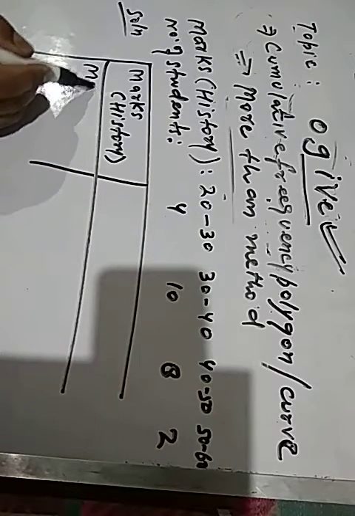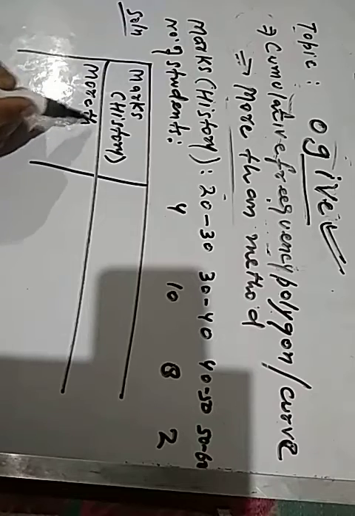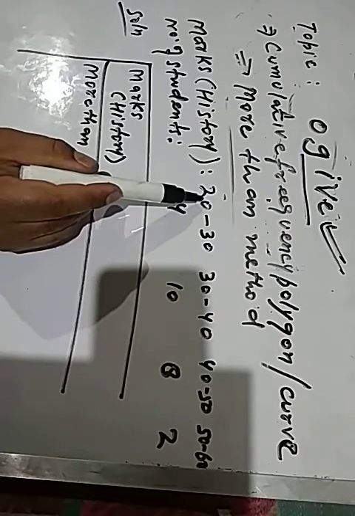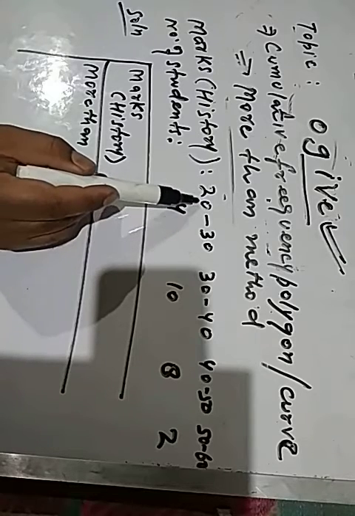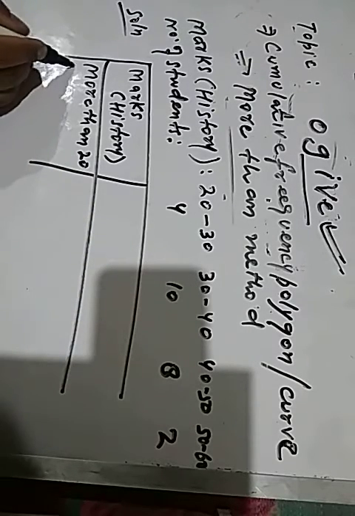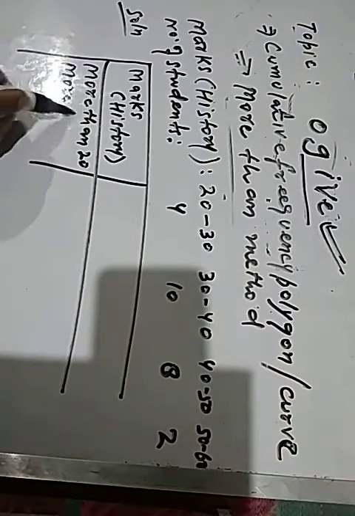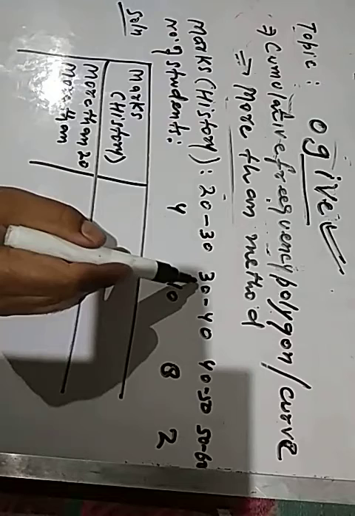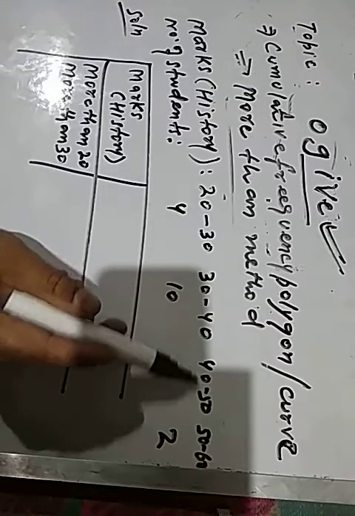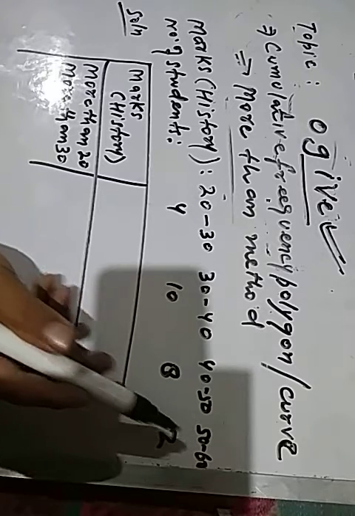Therefore, we have to write more than the lower limit, because their marks lie between 20 to 30, means more than 20, less than 30. More than 20, we have to write our every lower limit of each class interval. For this class, it will be more than 30, the lower limit of this class. For this, it will be more than 40, and for this last class, it will be more than 50.